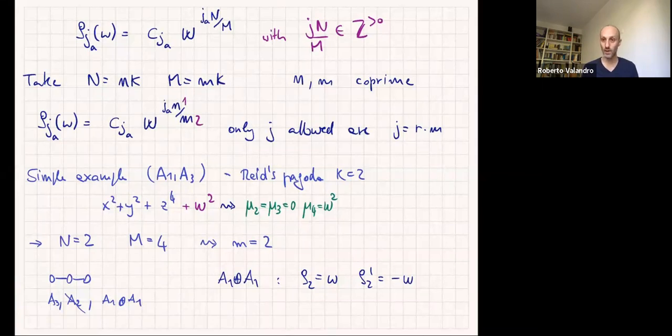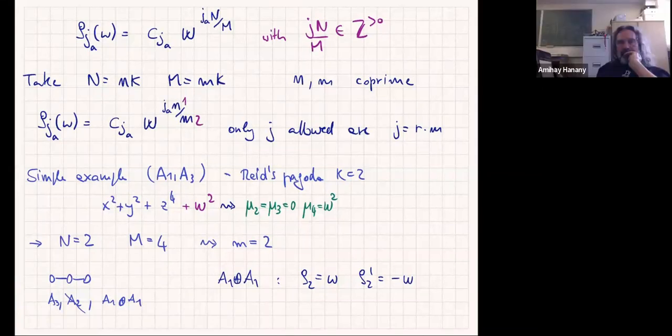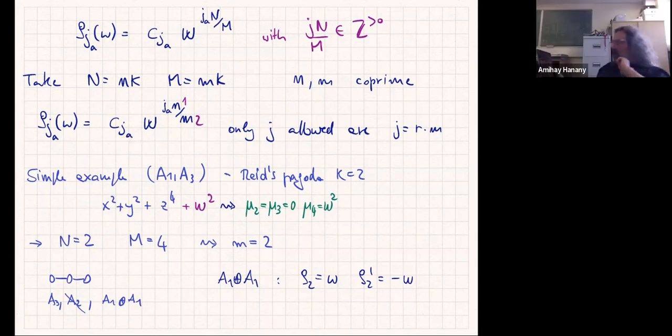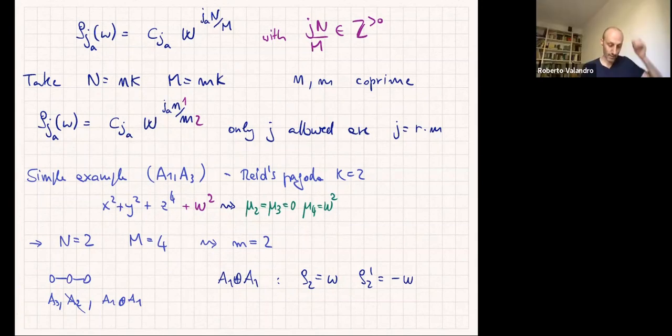So we need that, you can switch on non-zero C only for J that is even. Okay, so then this means that automatically mu3 will be equal to 0, because if you switch on degree 1 and 3, you need this.